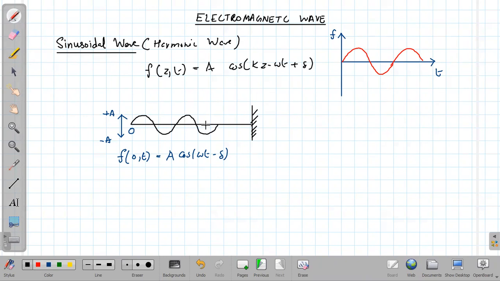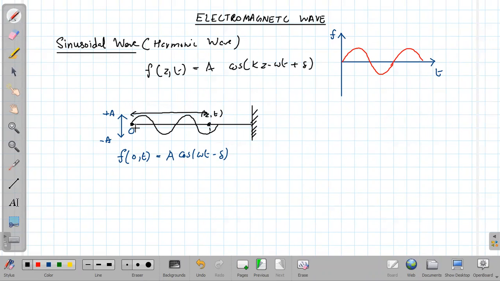If you take some location z at time t, this oscillation must have come from the origin. Now what is the time required for the oscillation to travel from location 0 to the location z? The time required would be equal to z by v.